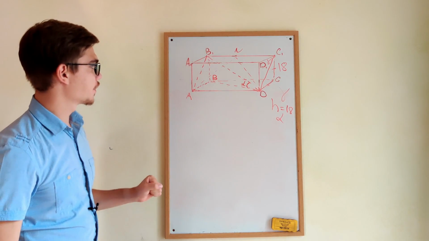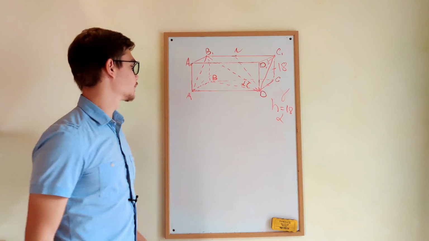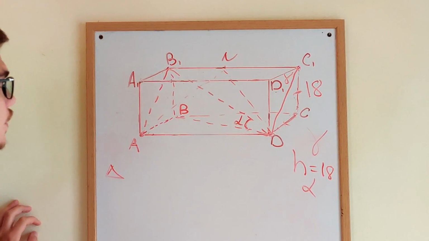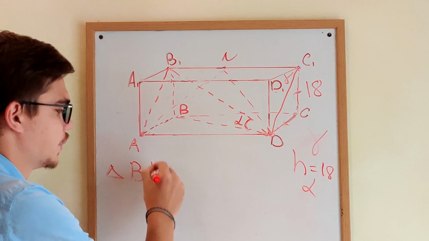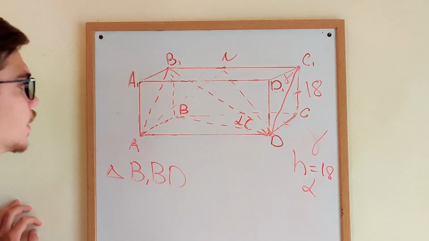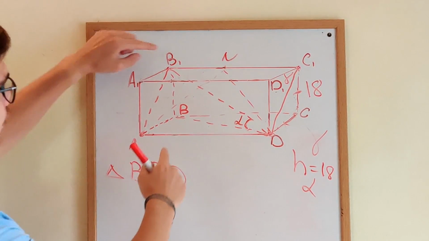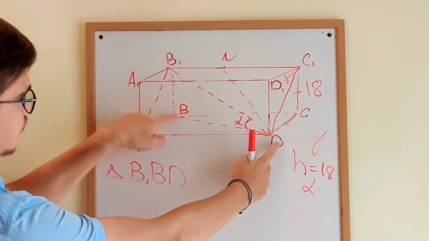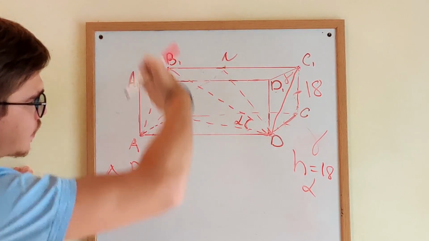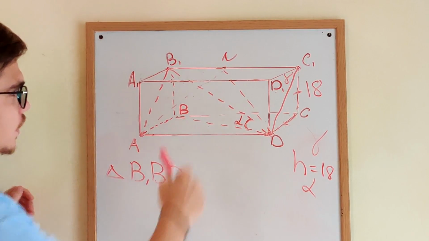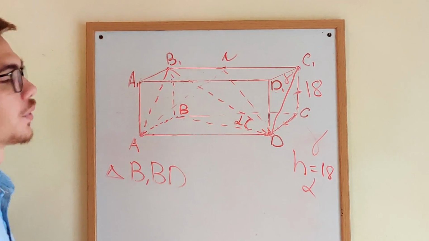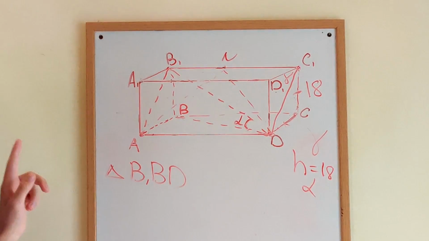And to find its area, let's look at the following triangle. The first triangle we're going to consider is the triangle B1BD. This is the triangle which has this side, and this side. So it lies between these two parallel sides of the rectangular parallelepiped.